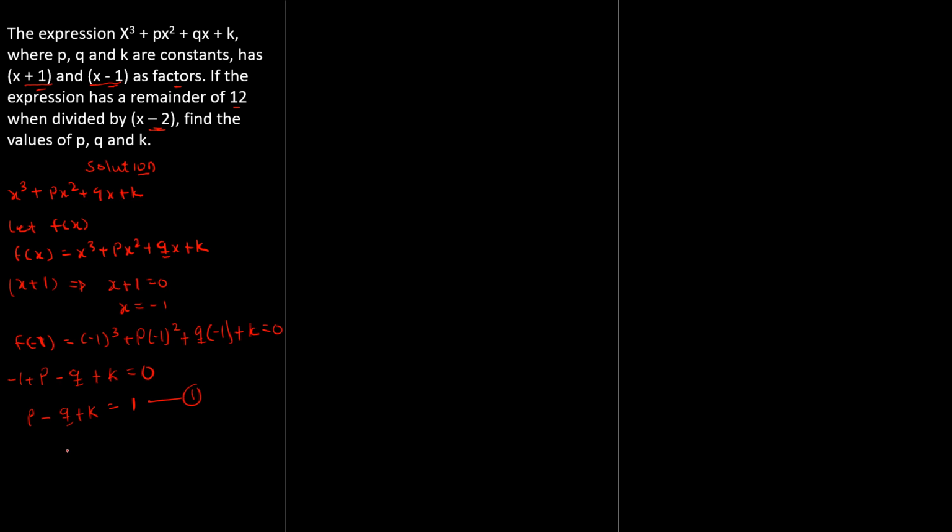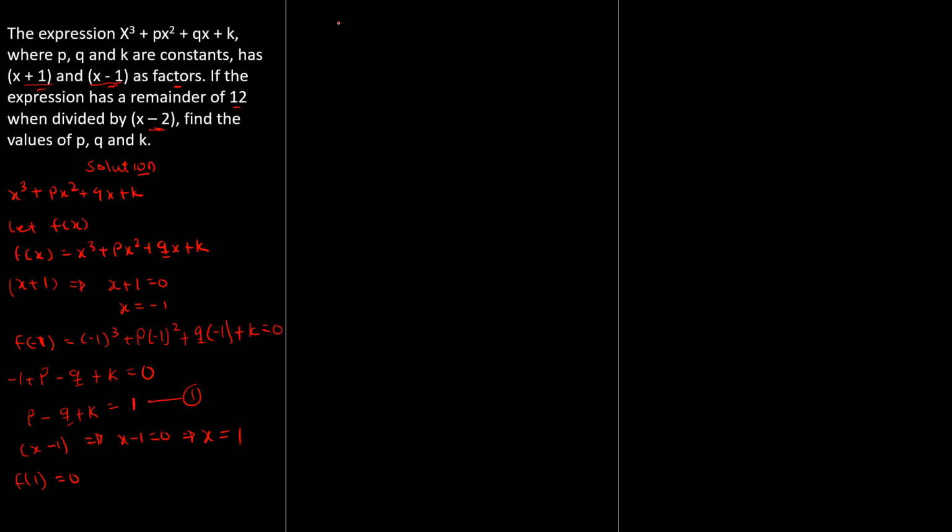From there I can also solve for equation 2. This time I'll use x minus 1, and I have to equate that to 0 so that I can find x. That means in this case x is equal to 1. So f of 1 should give me 0. That means remainder 0. So from here, wherever I see x, I can put 1 in there, since we had x to be 1.